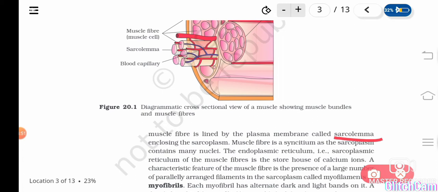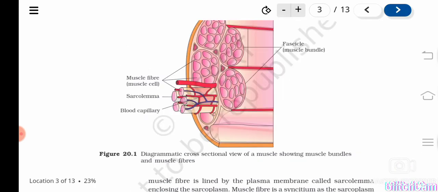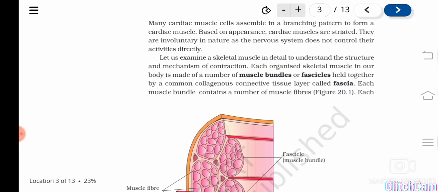What is a muscle fiber? It is a cell of a muscle tissue. Skeletal muscular tissue consists of muscle fascicles, which are groups of muscle fibers surrounded by a collagenous connective tissue called fascia.